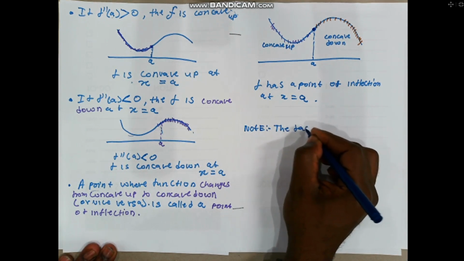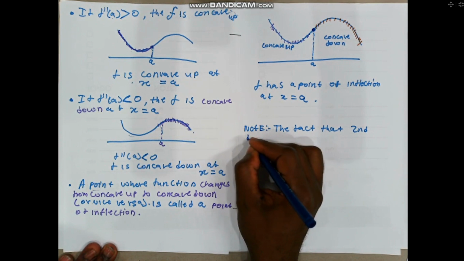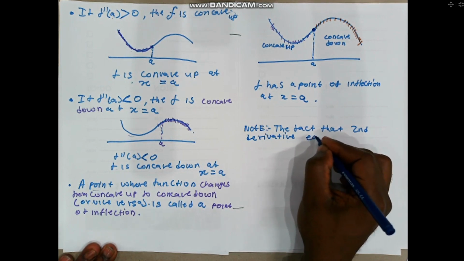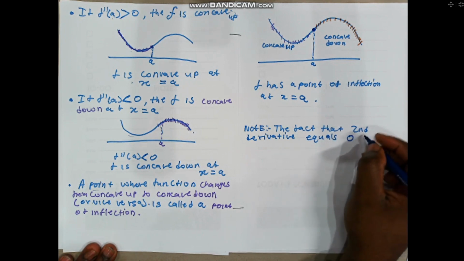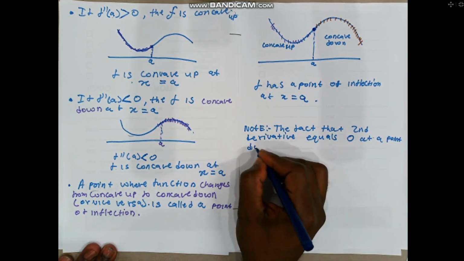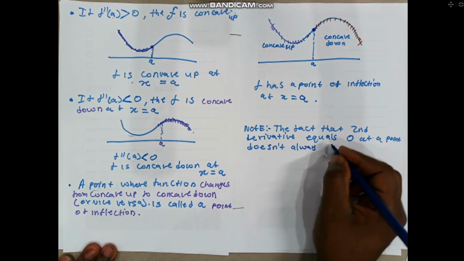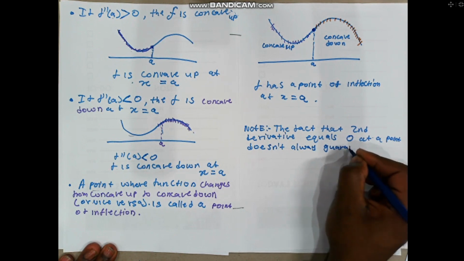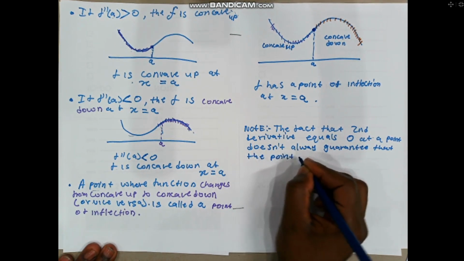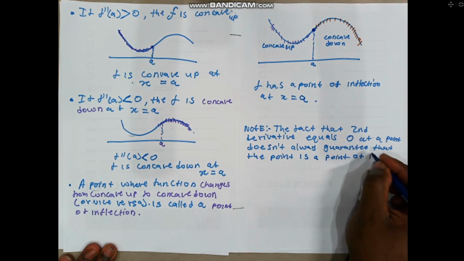The fact that a second derivative equals 0 at a point does not always guarantee that the point is a point of inflection.